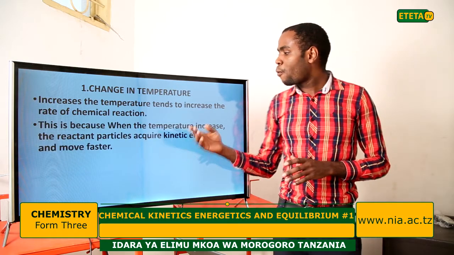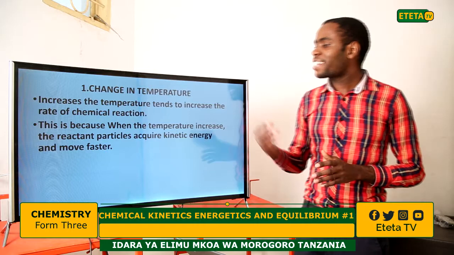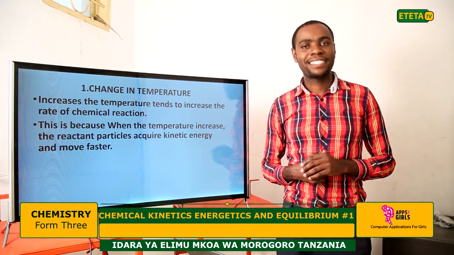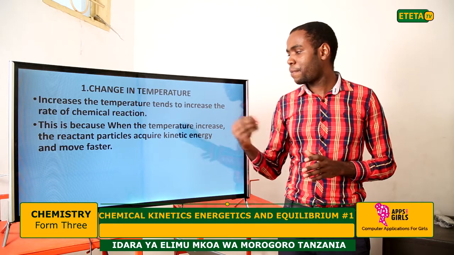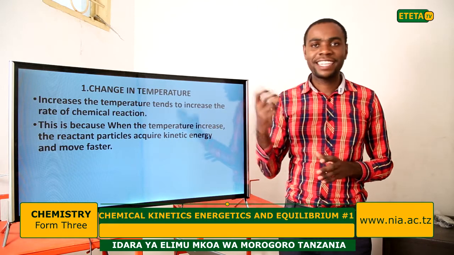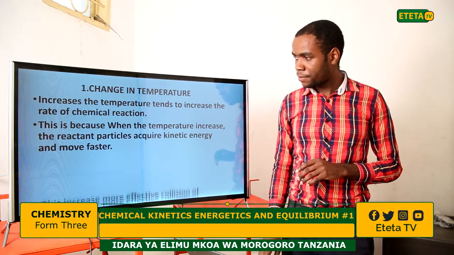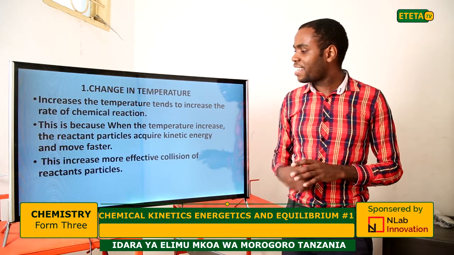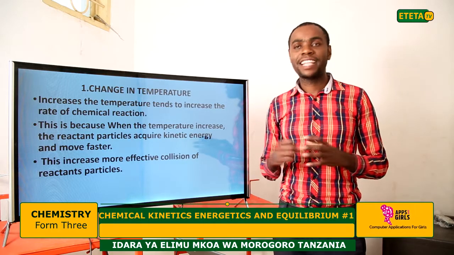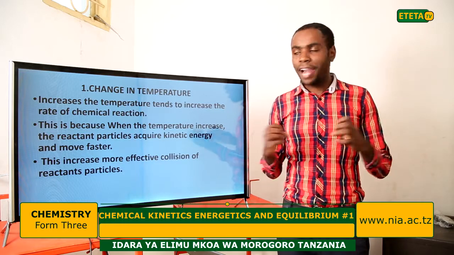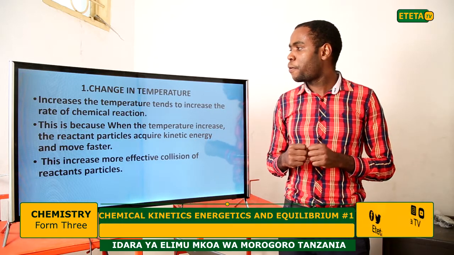This is because when the temperature increases, the reactant particles acquire kinetic energy and move faster. So this increases the number of effective collisions of reactant particles, and you expect that once these particles collide, they fuse and form the product.